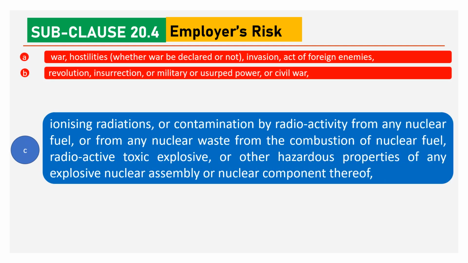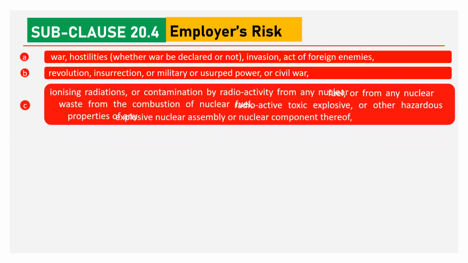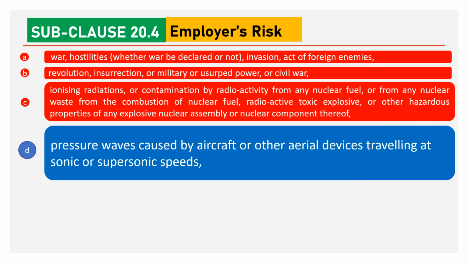Third is ionizing radiation or contamination by radioactivity from any nuclear fuel or from any nuclear waste from the combustion of nuclear fuel, radioactive, toxic, explosive or other hazardous properties of any explosive nuclear assembly or nuclear component thereof. Pressure waves caused by aircraft or other aerial devices traveling at sonic or supersonic speeds.